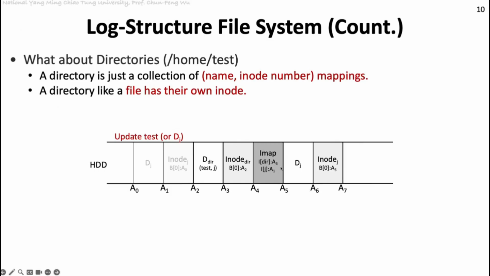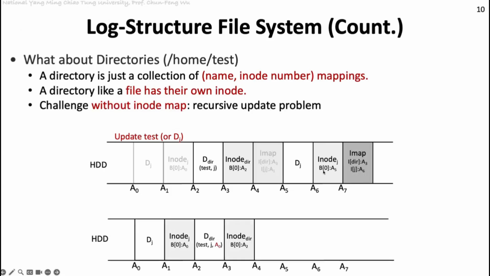The inode map pointed to inode J at A1, but now it is updated to A6. So the imap is updated again to point to A6 for inode J.